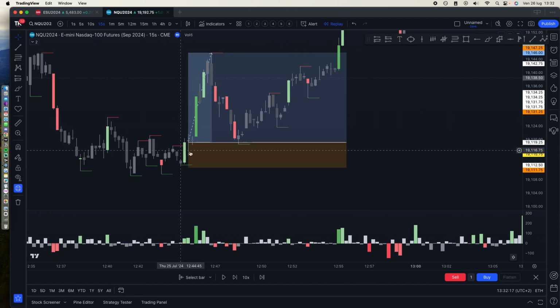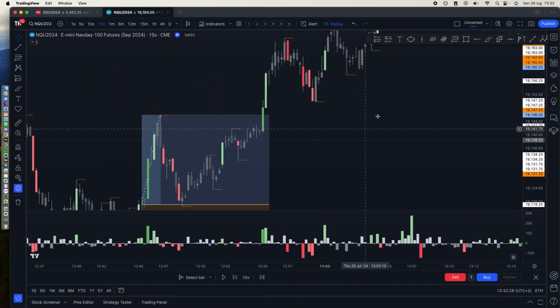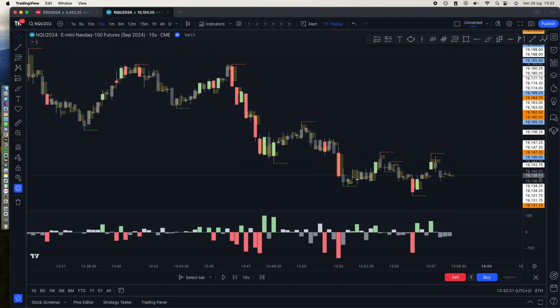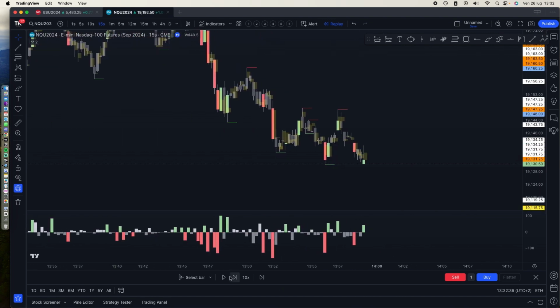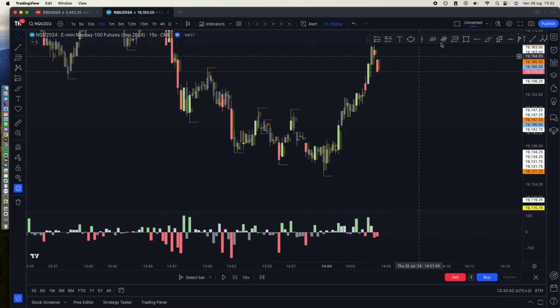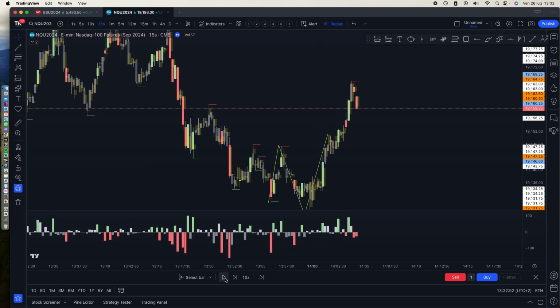Whereas here we have a strong bullish power, and here we have a strong bullish power, so you can take the trade here. To be honest, I can't see any bullish power here. 1, 2, 3, 4. No green candles, so no trade.